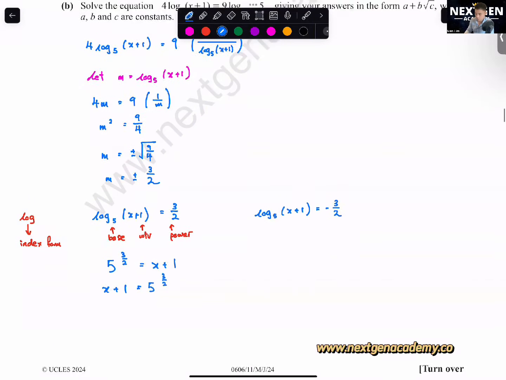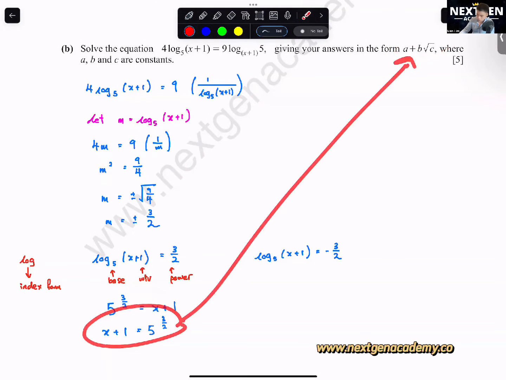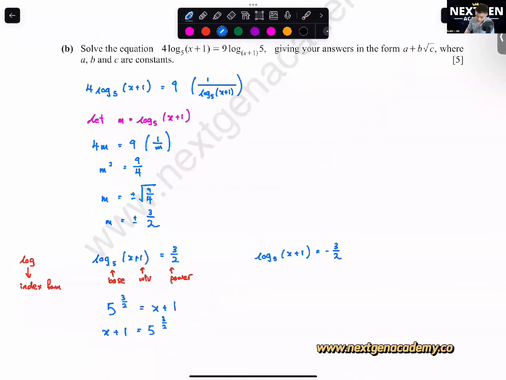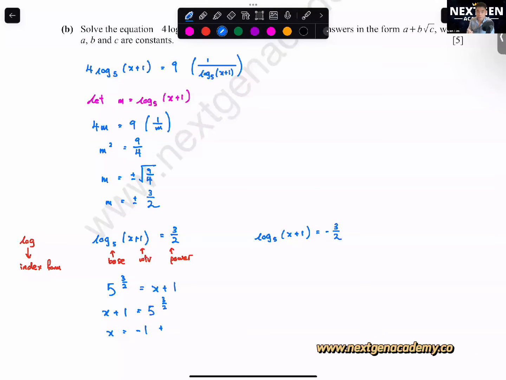Okay, there's a very specific form that they want. So how do we write this into this form over here? So you see here, if I move the negative 1, how can I rewrite this 5 and 3 over 2? So we want to make a square root appear. Square root, or we call it surd. How do we make a surd appear? Surd is the same as power 1 over 2. Right?